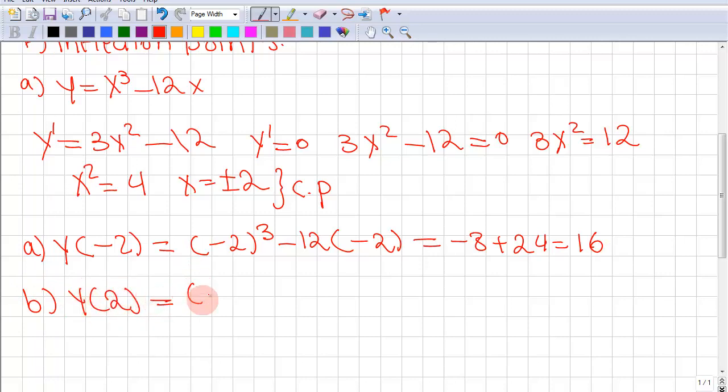So we'll do the same thing for root 2, and then we'll get negative 16 as an answer.